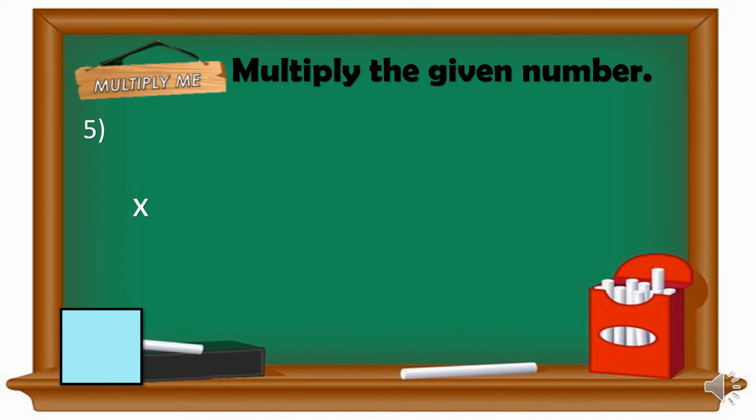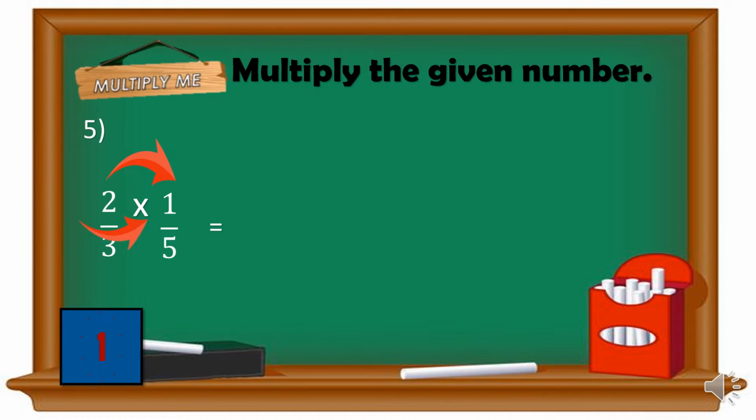Okay, next, let's move on to the last number. We have 2/3 times 1/5. Okay, so time to answer. Okay, so we will follow the same procedure.